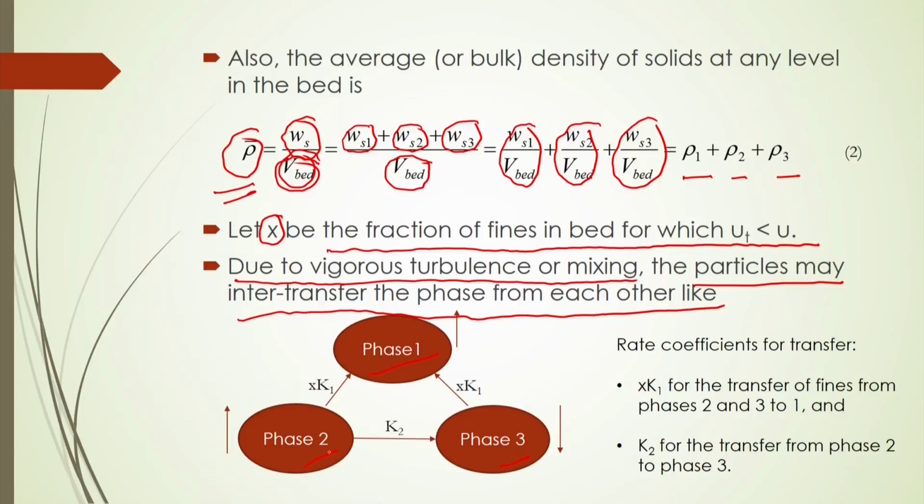Similarly, from phase 2 to phase 3 there will be a solid transfer, and from phase 3 to phase 2 as well. The rate coefficients for this transfer can be expressed as x k1, for the transfer of fines from phase 2 to phase 3 and phase 1.